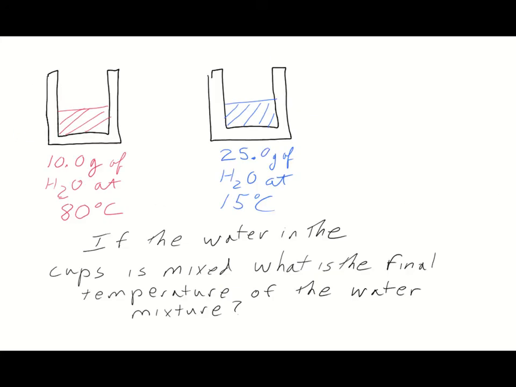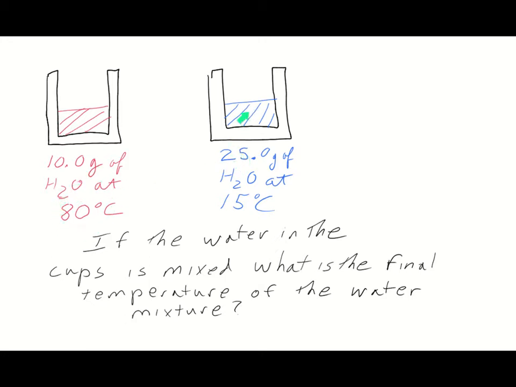All right. Here's a problem that's pretty easy and pretty straightforward and uses both the law of conservation of energy and specific heat. Classic scenario. I've got a cup of hot water here that contains 10 grams of water at 80 degrees Celsius.